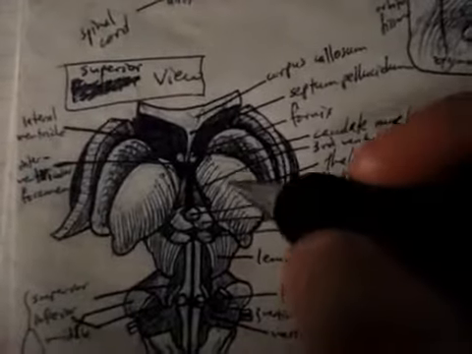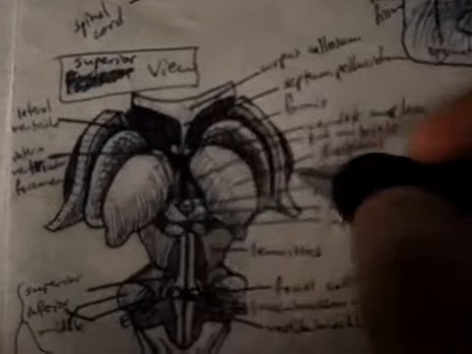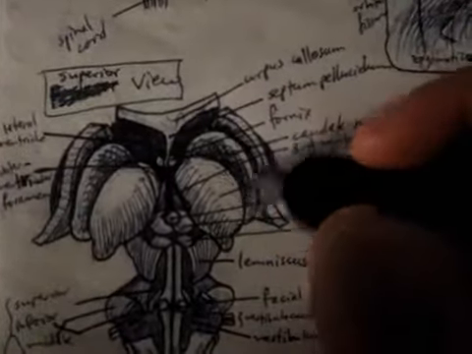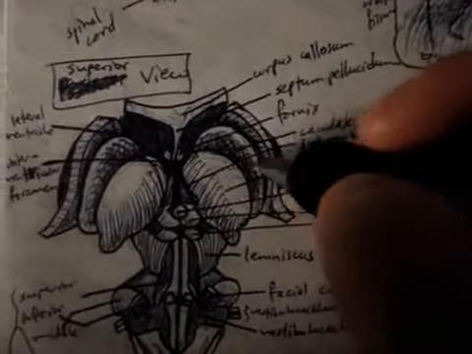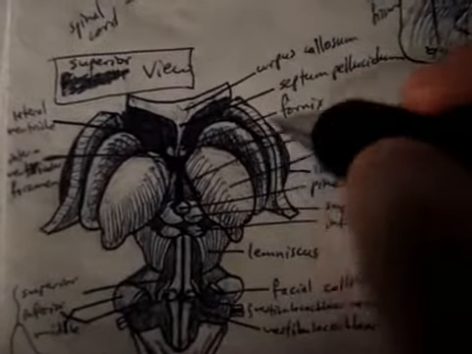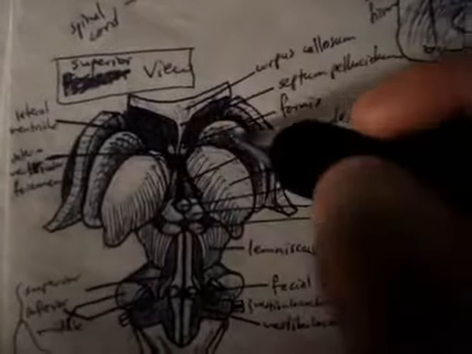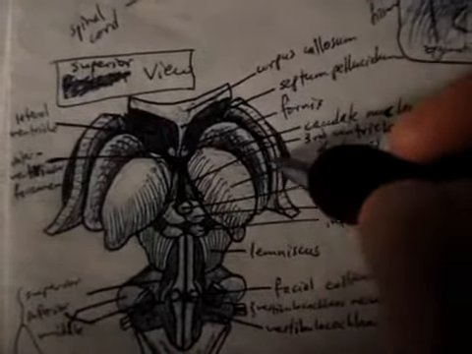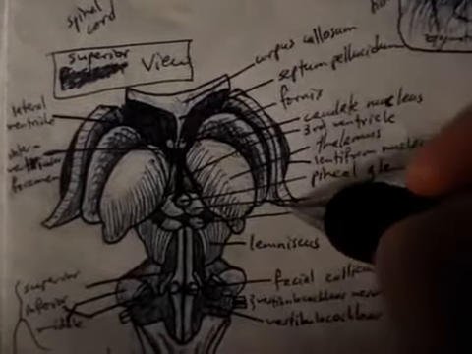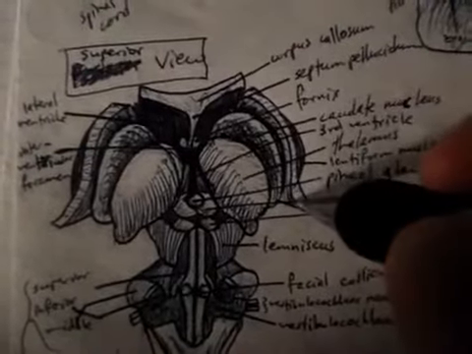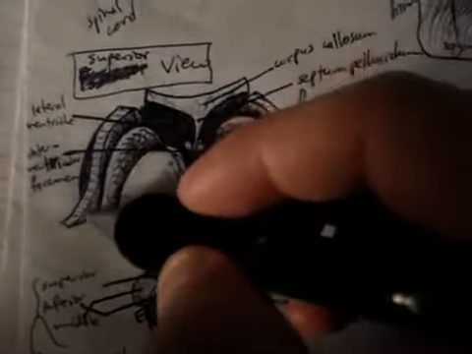Okay. Then on two sides of the thalamus, lateral to the thalamus, are two nuclei. The first one is called the caudate nucleus. They're here, this one and this one. And then there's a bundle of fibers, axons, called the internal capsule, here and here.